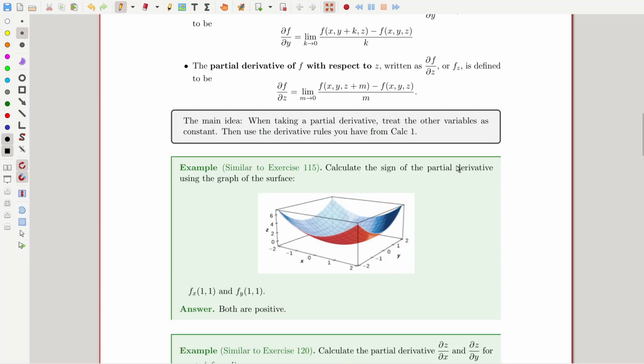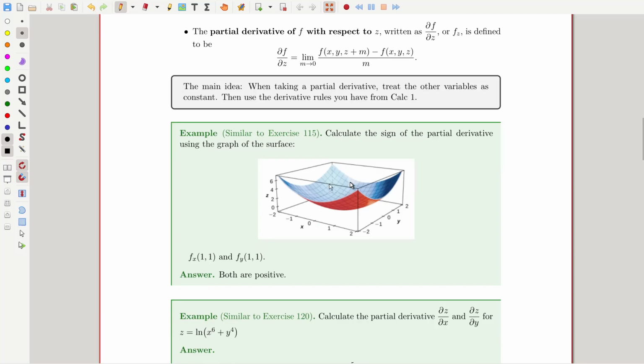I mentioned it in this boxed statement. So with partial derivatives, you treat all the other variables as constant, and then you can use the derivative rules that you're already familiar with. And we'll see a few examples involving this. But first, this kind of visual example.